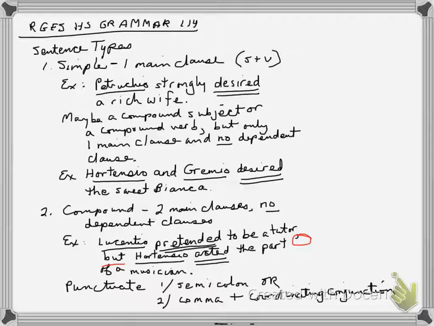In other words, an example of an independent clause would be something like Mrs. Kinzer is sitting in her lazy boy because she broke her foot, period. That would be an independent clause.